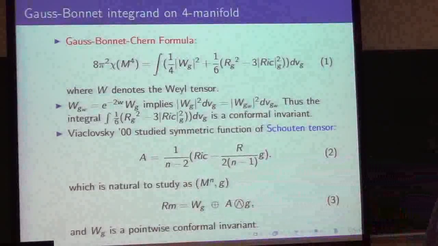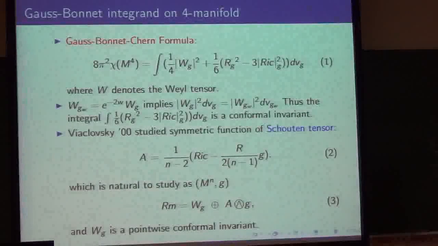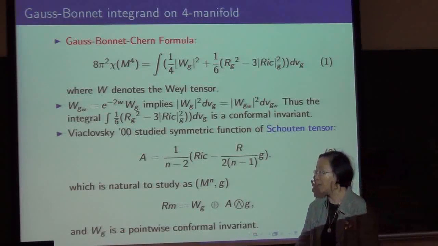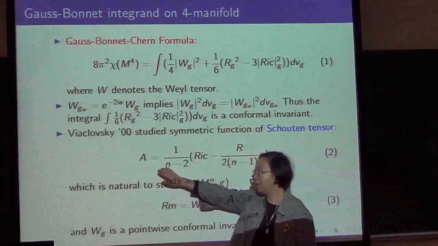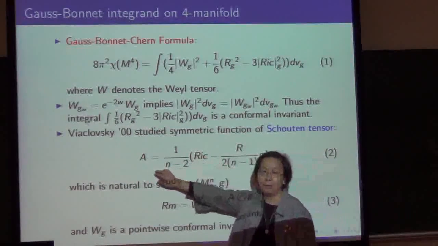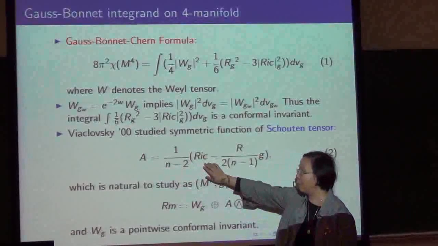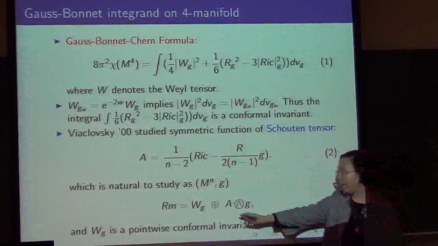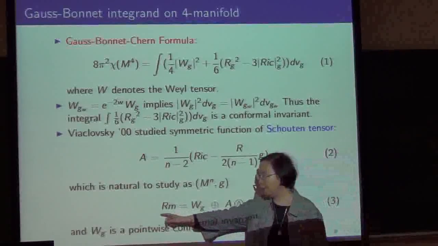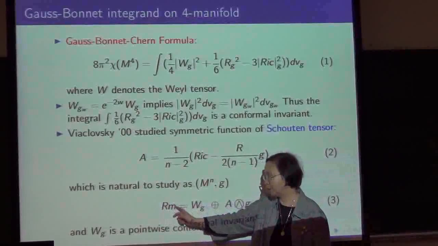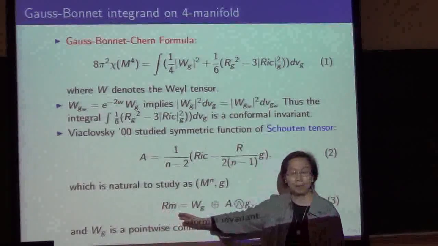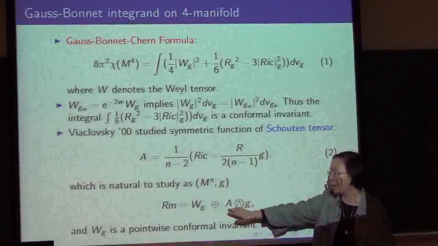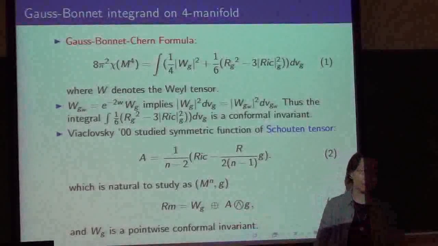Fortunately, it turns out this quadratic term has a specific structure, and I'm going to explain a little bit of that. On the manifold there is something called the Schouten tensor. The Schouten tensor is a specific combination of Ricci and scalar curvature. The fact we want to use is that the curvature tensor R_ijkl can be split into the Weyl curvature and then a wedge product of this Schouten tensor with the metric.